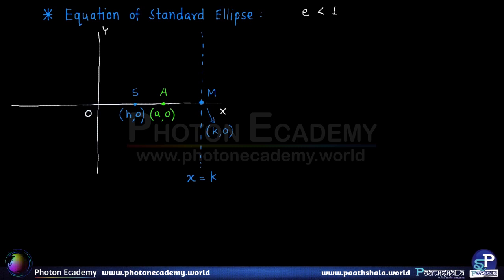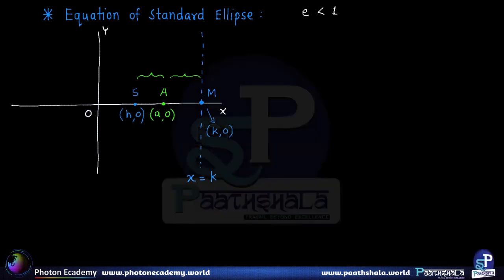Now since A is a point that lies on the ellipse, clearly the ratio of the distance of A from S to the distance from A to M must be nothing but the eccentricity. So in other words, the point A divides segment SM internally in the ratio E:1.